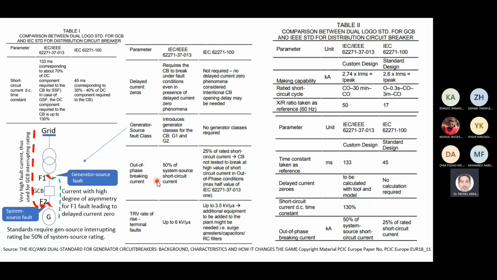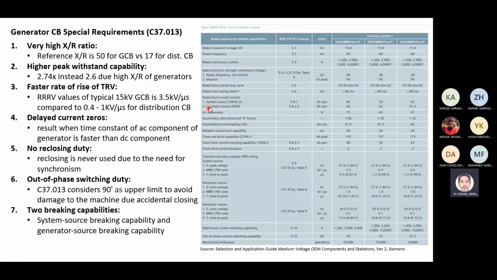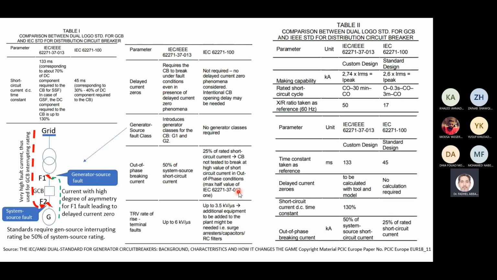That's why in the generator circuit breaker we have two ratings, system source and generator source rating, unlike other circuit breakers. So this is just a comparison between a generator circuit breaker and a distribution circuit breaker.